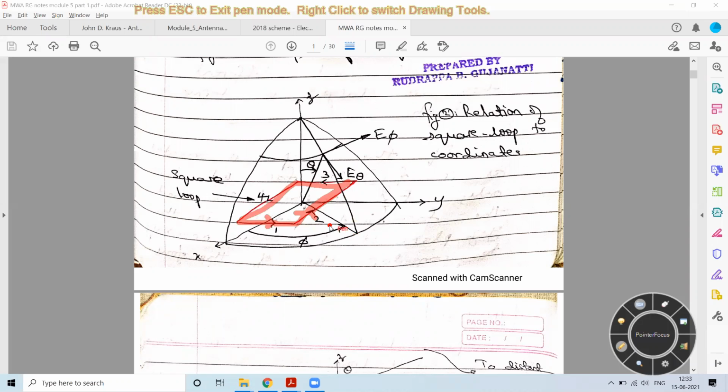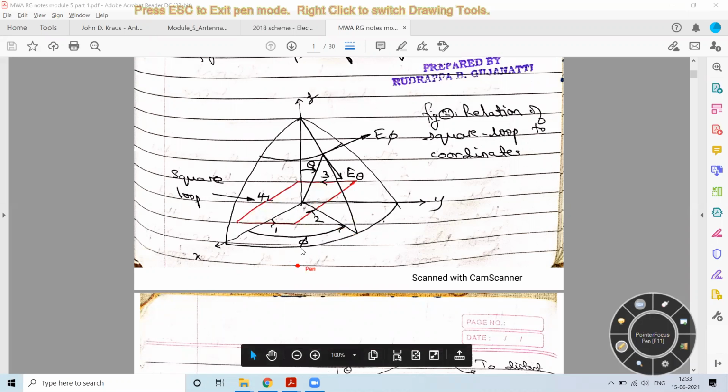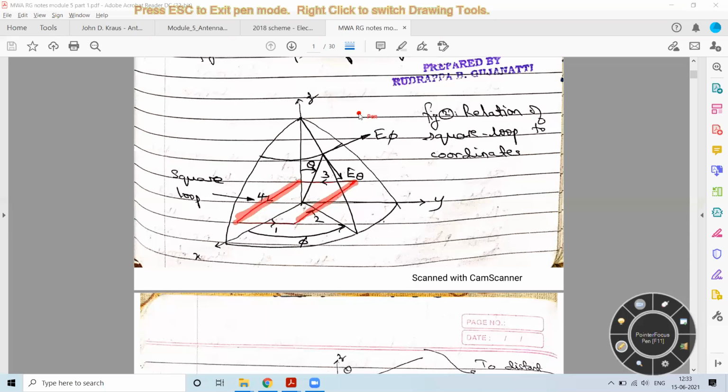If I consider two opposite wires over here, one on this side and the other on the other side, and analyze the field due to these two elements, I'll be able to estimate the overall total power radiated by this loop antenna.